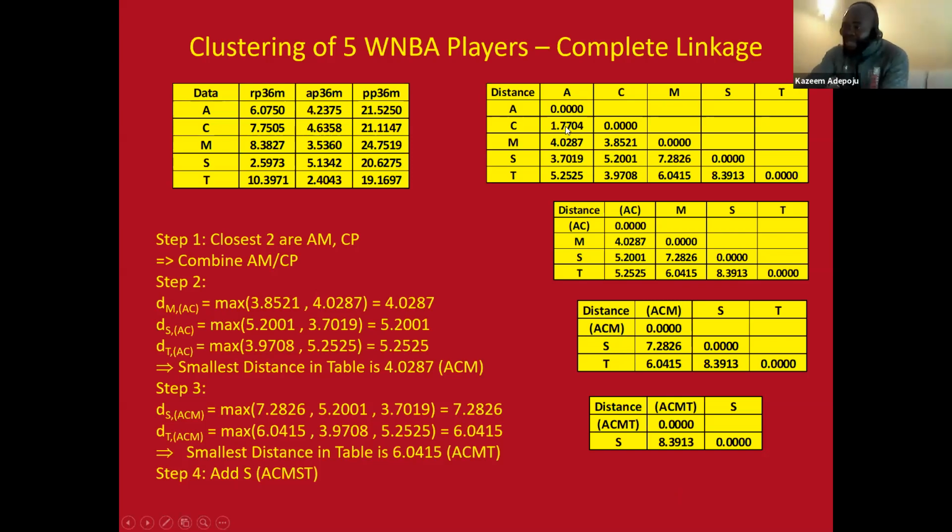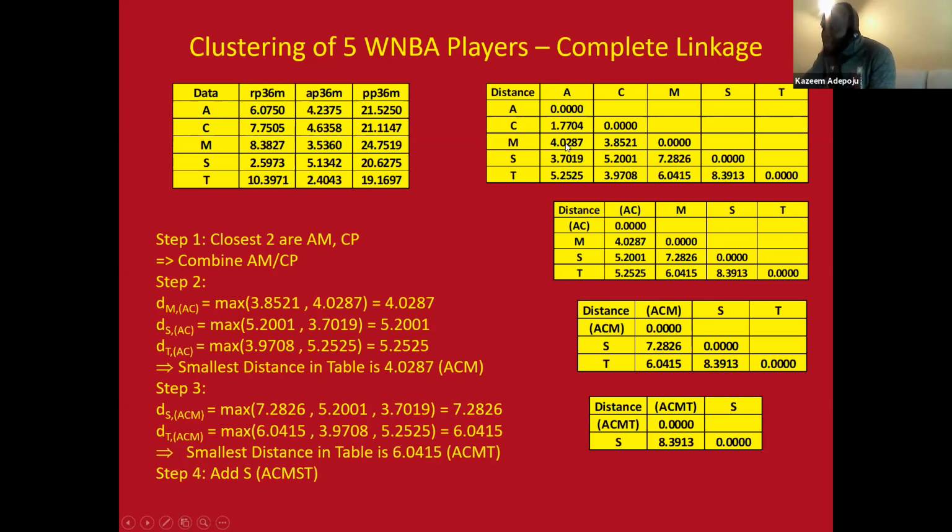If you take a look at this now, the minimum is 1.7704, which means I'm actually combining A and C. But the element here, I'm not going to consider the minimum, I'm actually going to be considering the maximum.